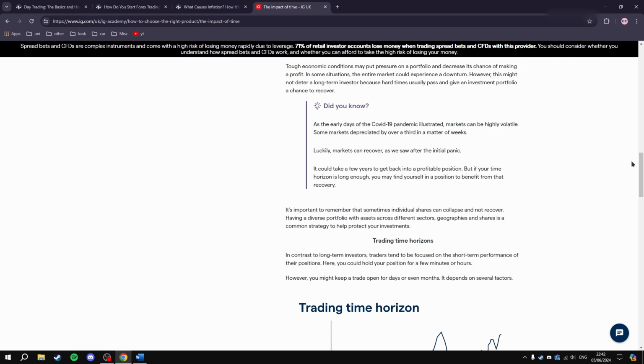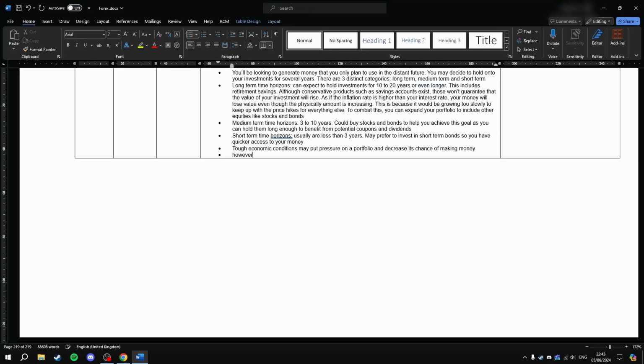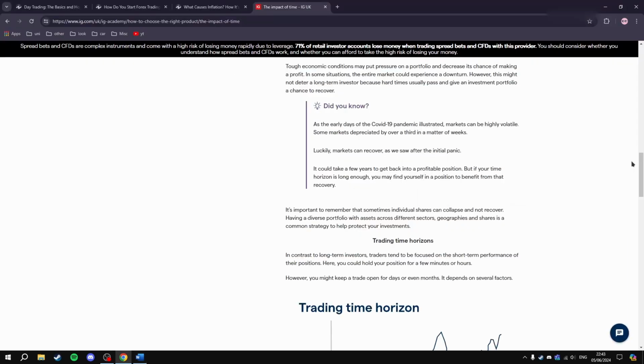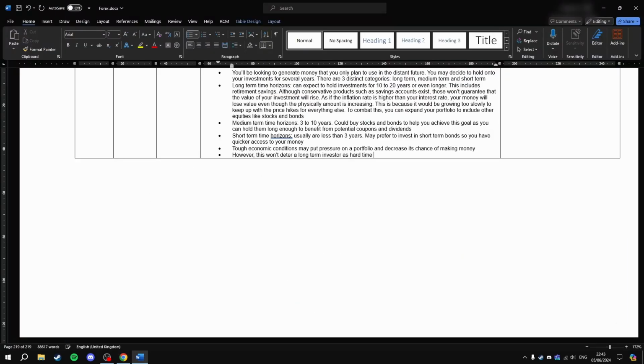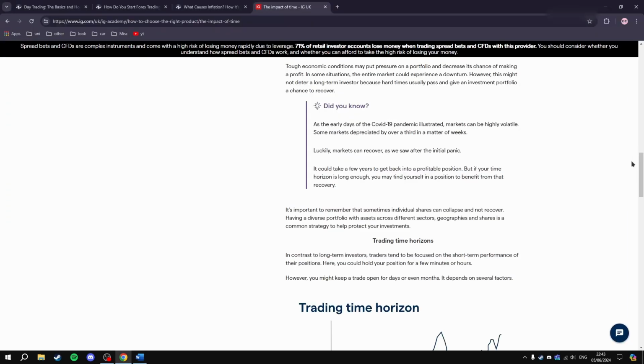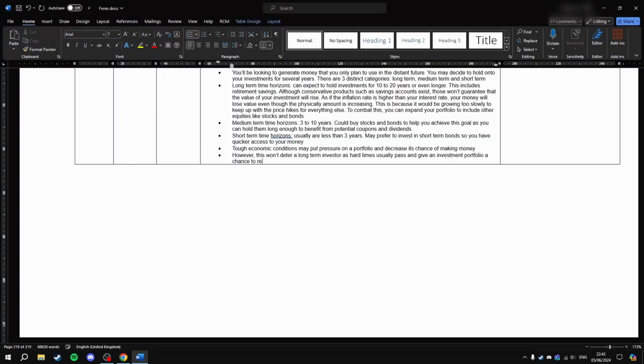However, this won't deter a long-term investor, as hard times usually pass and give an investment portfolio a chance to recover.